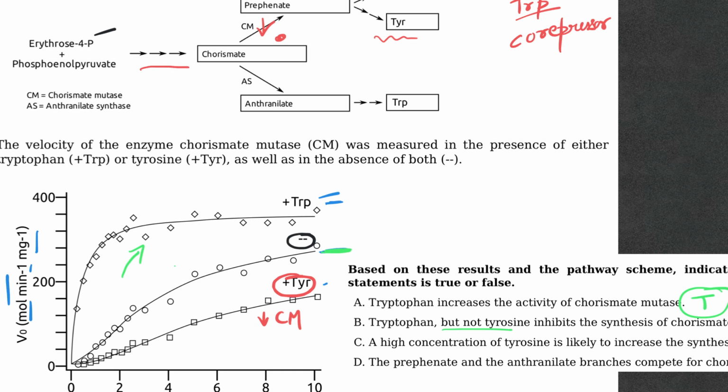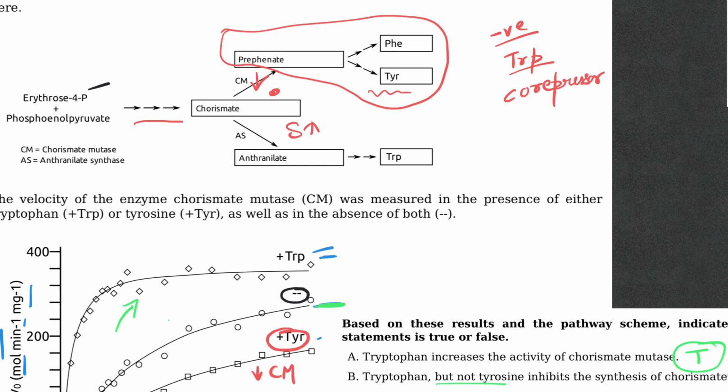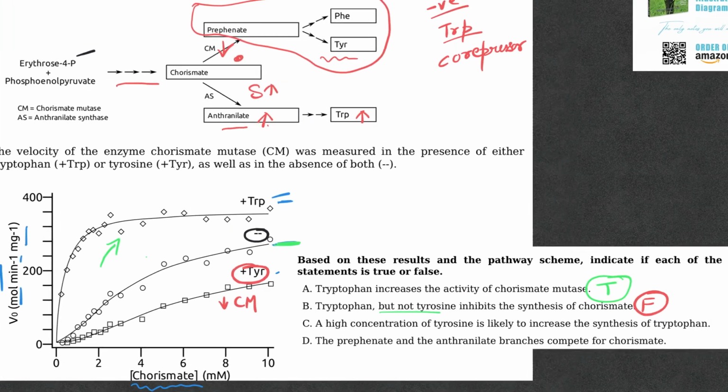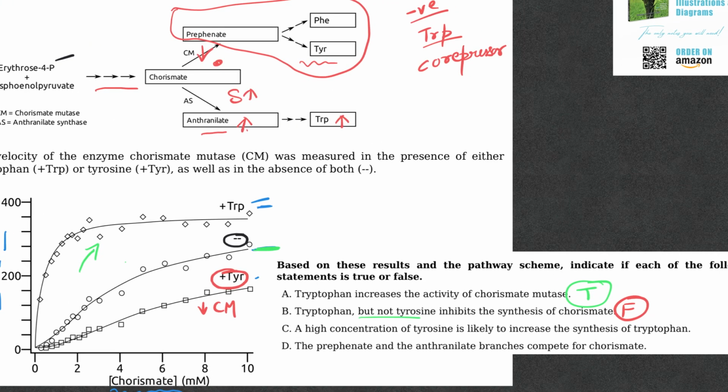That means we have more substrate available for anthranilate synthase because no more consumption is happening in this part of the cycle. Okay, hence we'll have more substrate for anthranilate synthase, and hence we'll have more of anthranilate and we'll have more of tryptophan.